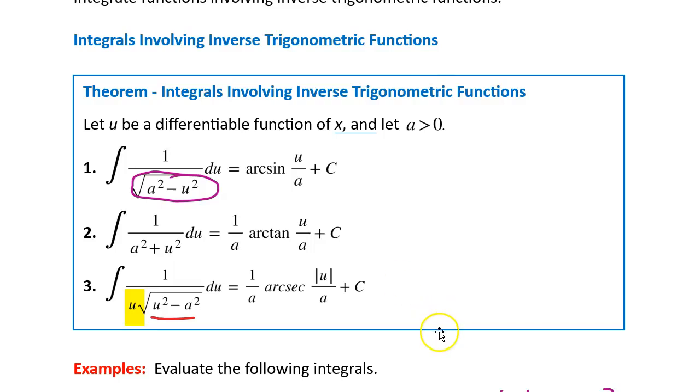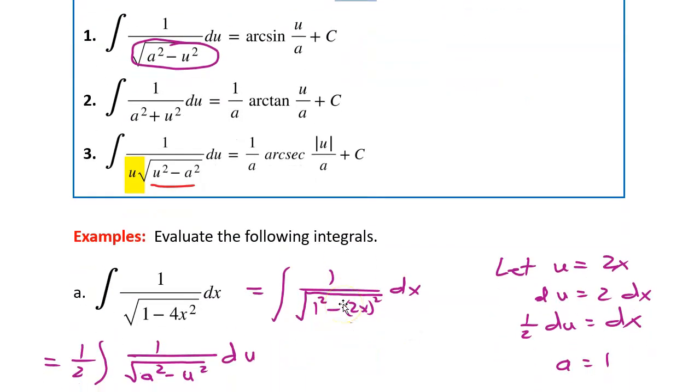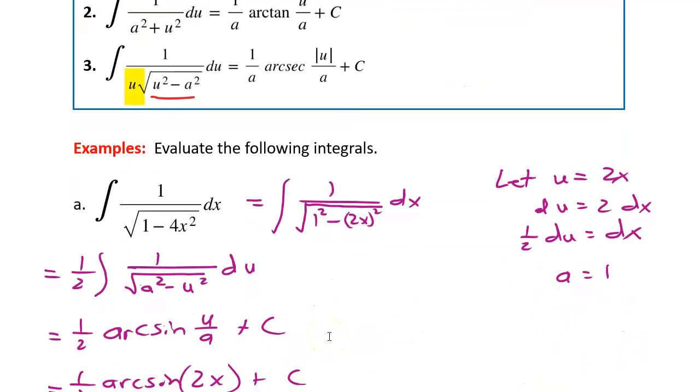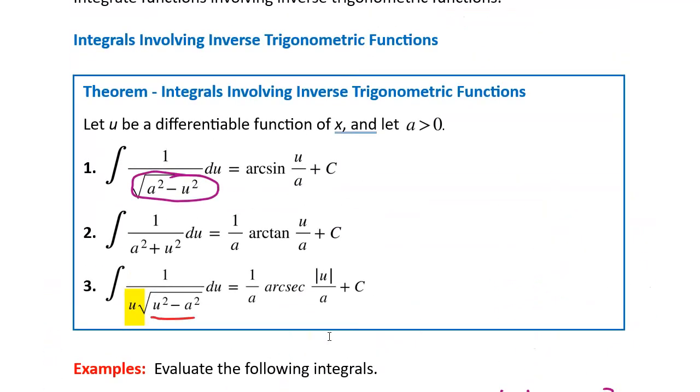So be aware of that, and always be on the lookout. Is the numerator the derivative of the denominator? Is the denominator the derivative of the numerator? Things like that can all help you out.